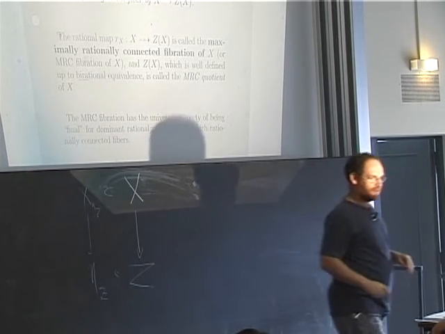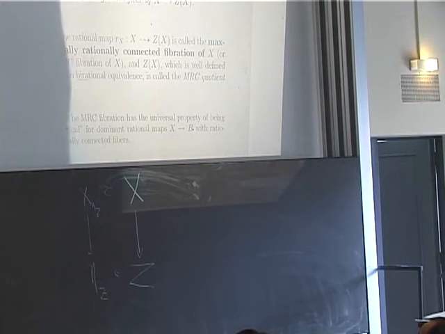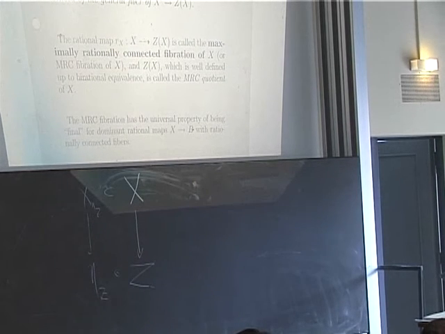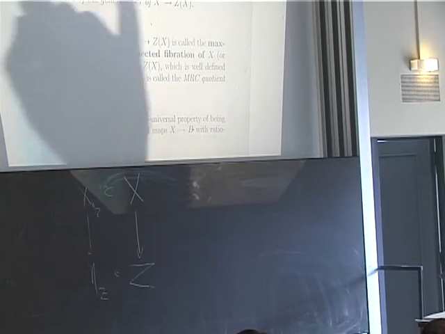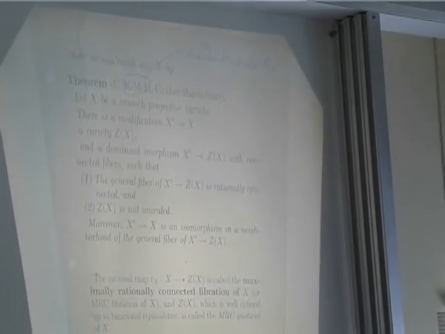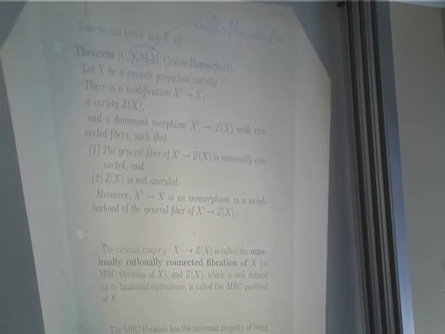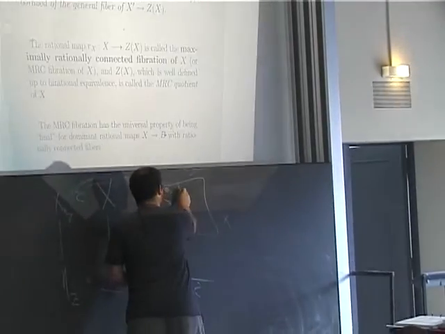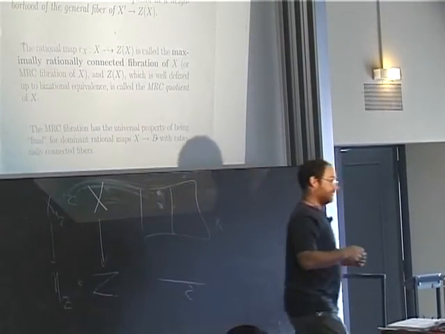So you have a fibration, so let's ignore the X prime to X, such that the general fiber or generic fiber, doesn't matter, is rationally connected. So the fibers are rationally connected varieties. So here's Z, here's X. Every 2 points in here can be connected by rational curves.